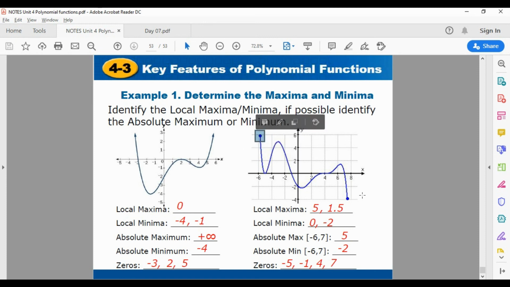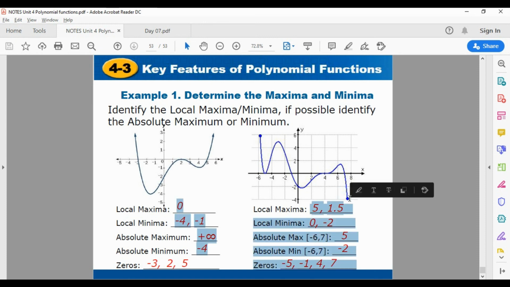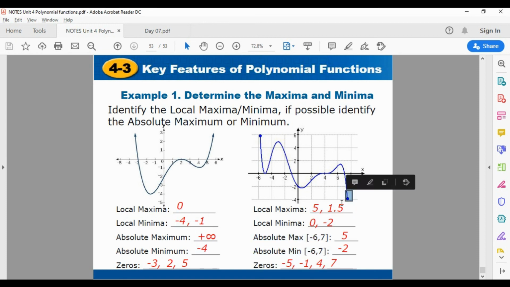So this one just had, I think they started rushing through this one a little bit too much. Absolute maximum here, absolute minimum down here in these cases. And then you have your zeros. Now the zeros for this one are correct.